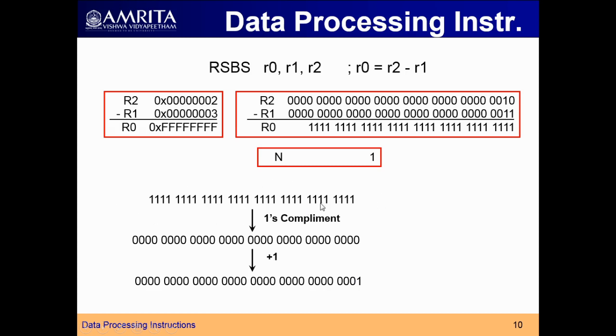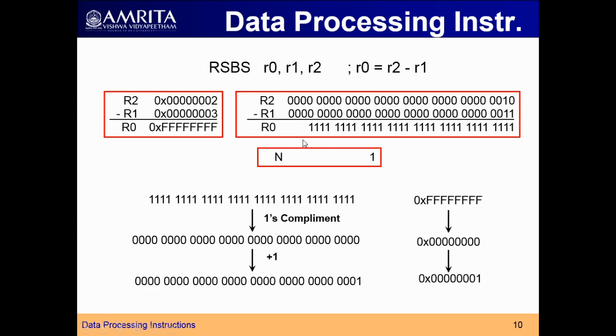A negative number is represented in the 2's complement form. For getting the actual number from this negative represented number, you can take the 2's complement of the number. When you perform the 2's complement of FFFF, you get back 1.